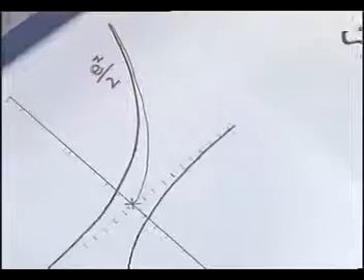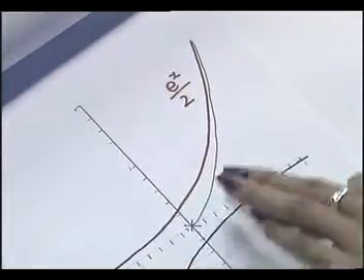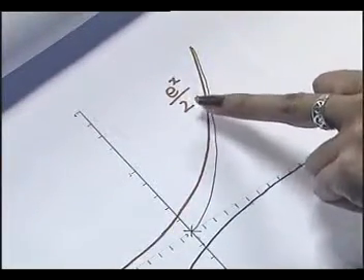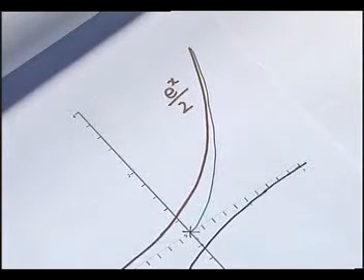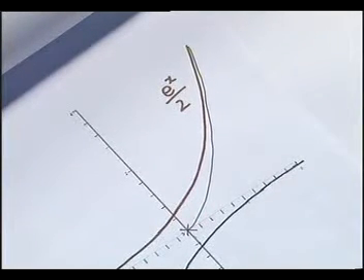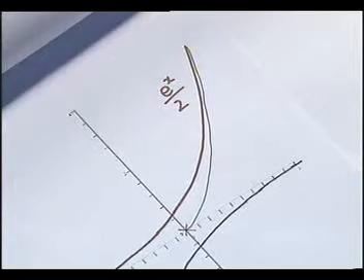Now notice this time the graph will stay below e to the x over 2. And that's because we're taking away e to the minus x over 2.